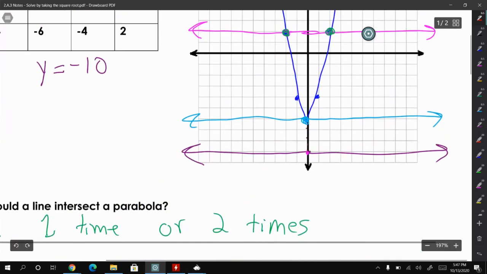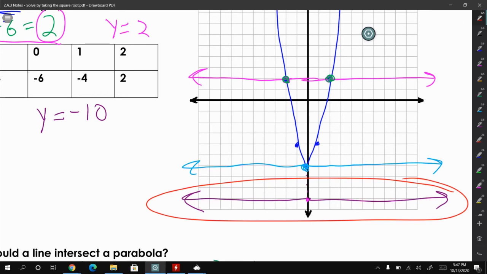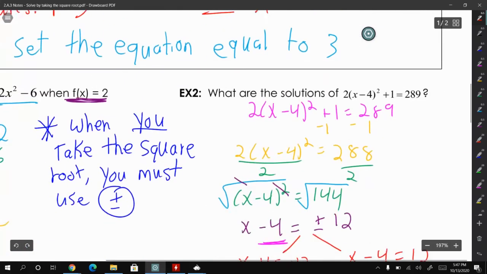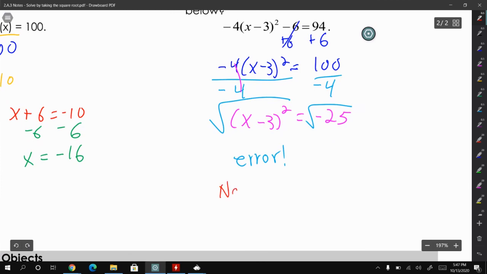Now remember, all the way up here, this purple line, that means there'd be no solution to that equation if it equaled, in this instance, negative 10. So there's no solution to this. We can't take the square root of a negative number. We might be learning later on what we can do when we run into that situation.